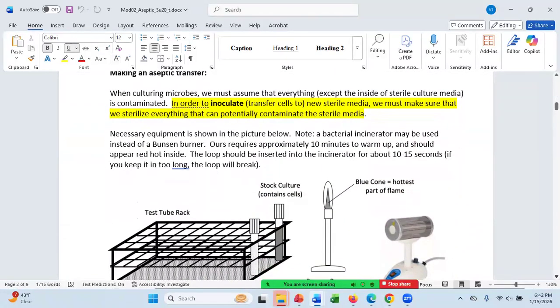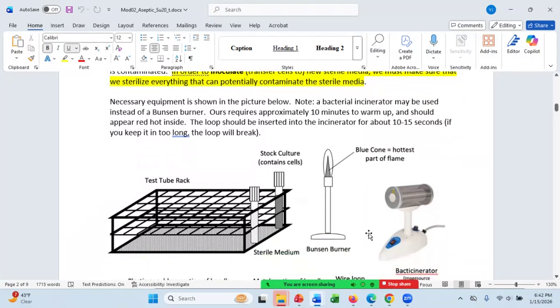All right, in order to inoculate, that's to transfer cells to a new sterile media, we must make sure that we sterilize everything that can potentially contaminate the sterile media. So obviously, you want to put your organisms in the sterile media here.